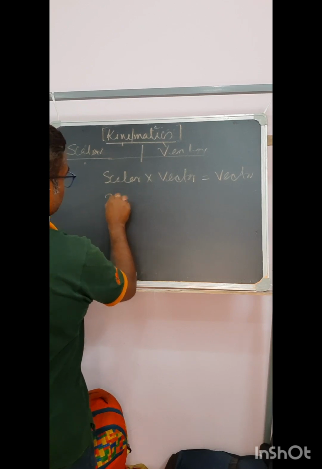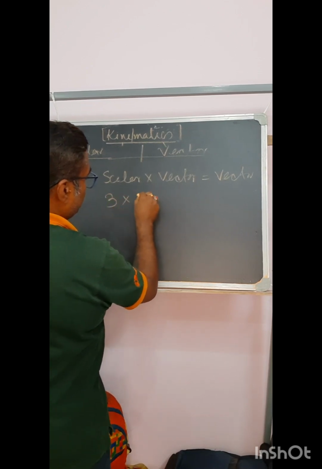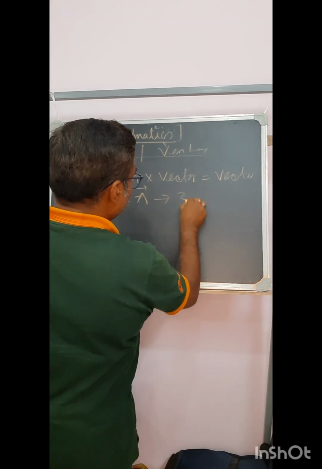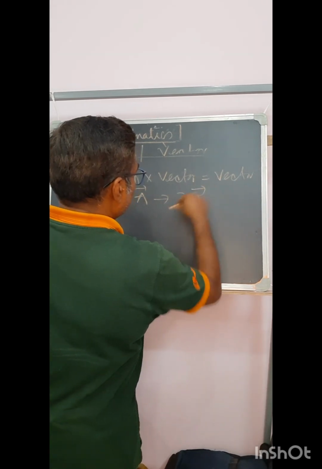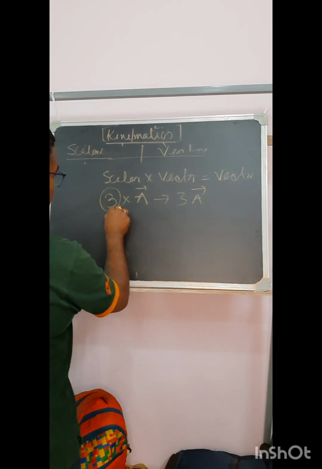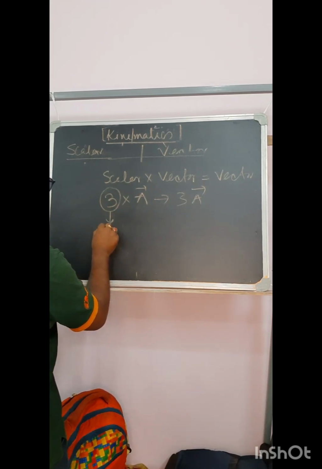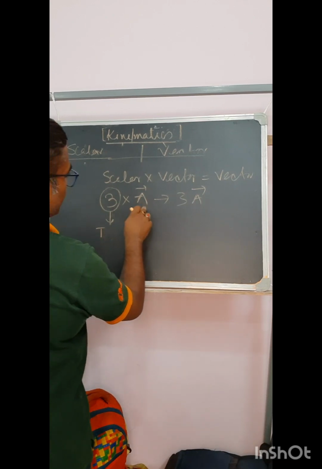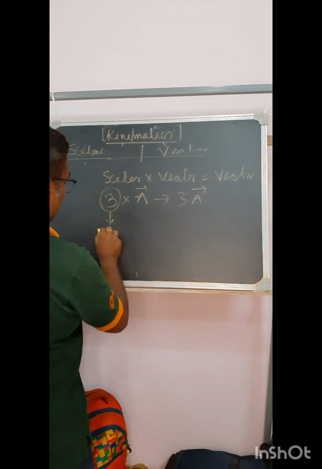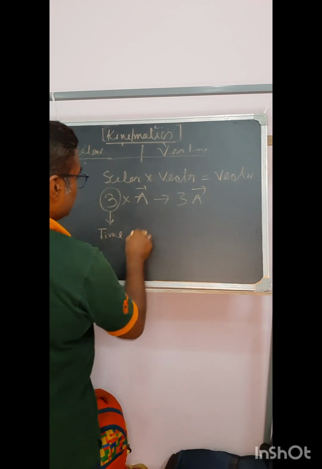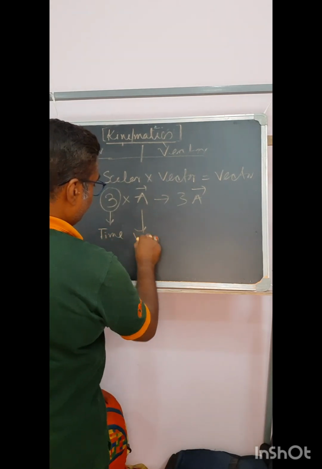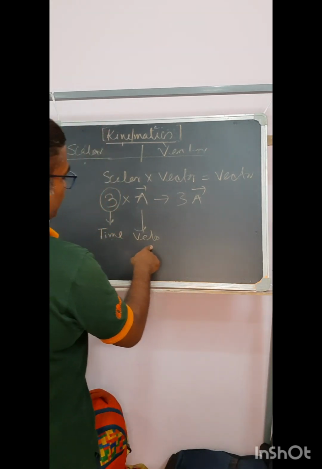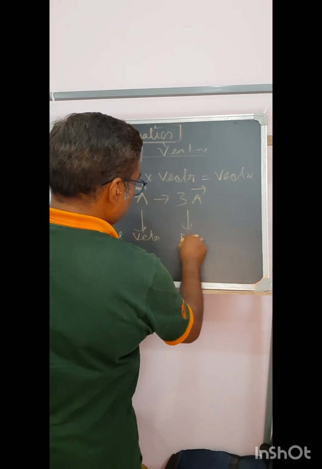Let's say 3 multiplied with any vector, as 3 is numerical, that will give you 3 times the vector. Similarly, time, let's say a scalar, multiplied with velocity will give you displacement.